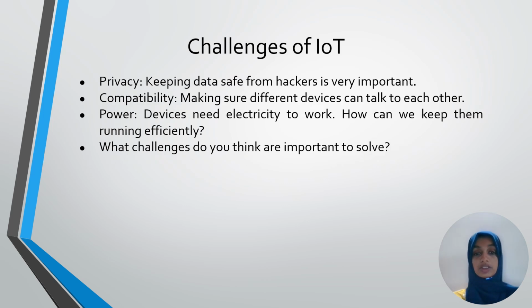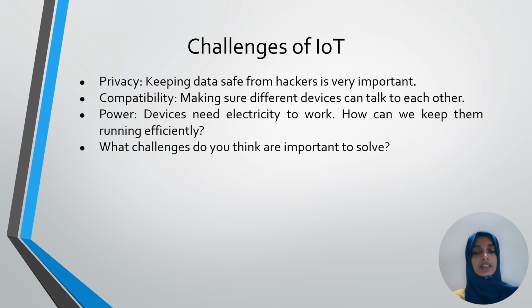Let's look at the challenges of IoT. Just like a coin, if you toss a coin, it has a head and a tail. I have explained all the positive sides of IoT. Now it also has a negative side. That is privacy, compatibility, power. About privacy, everything is being hacked in this modern world, so keeping the data safe from hackers is very, very important.